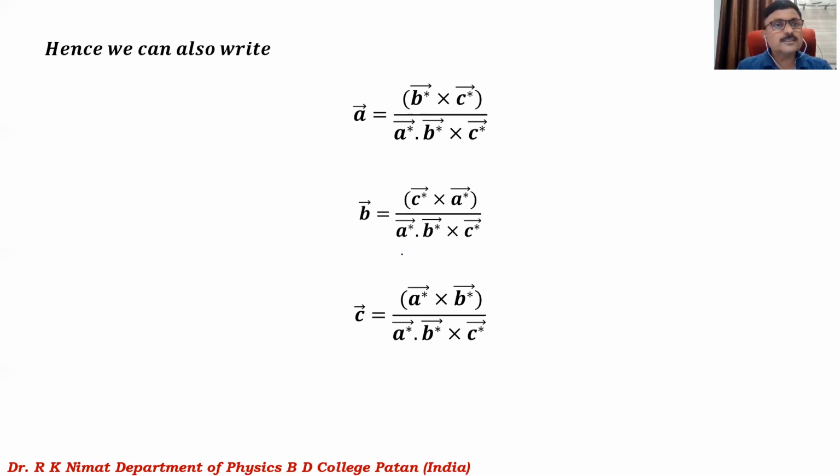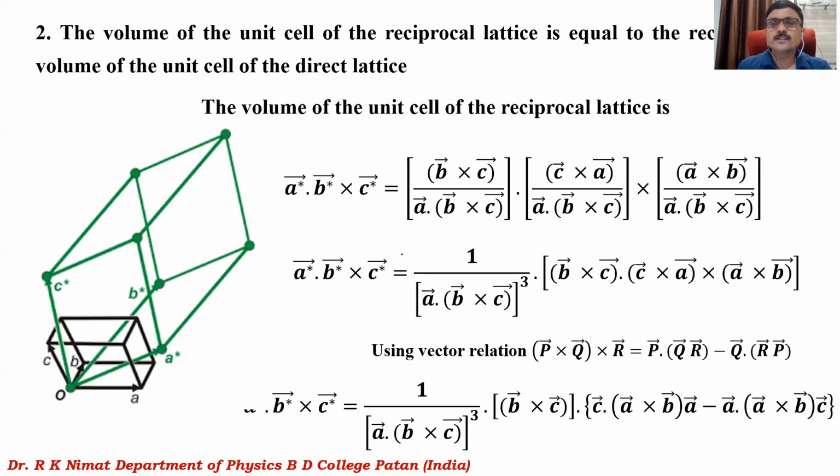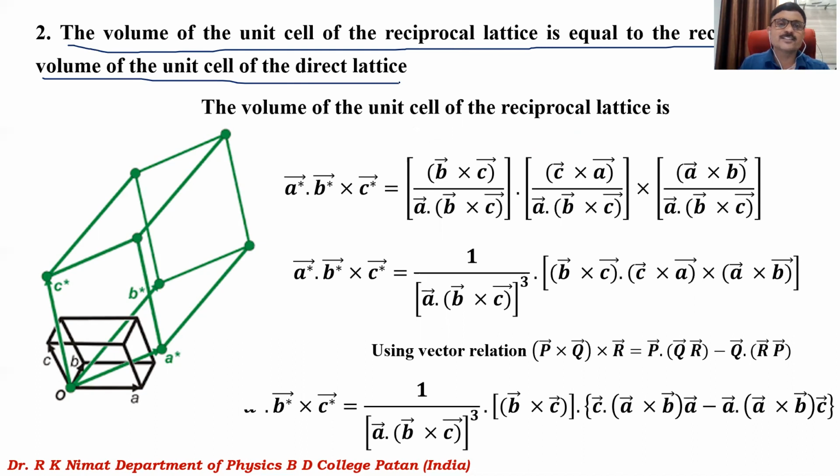We'll now discuss the second property of the reciprocal lattice vector, which is defined as the volume of unit cell of reciprocal lattice is proportional to reciprocal of volume of the unit cell of the direct lattice.